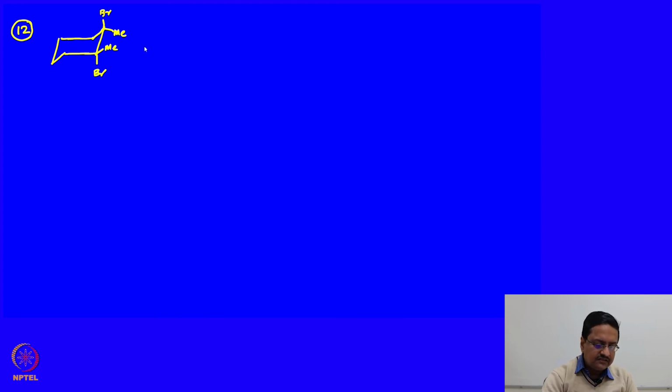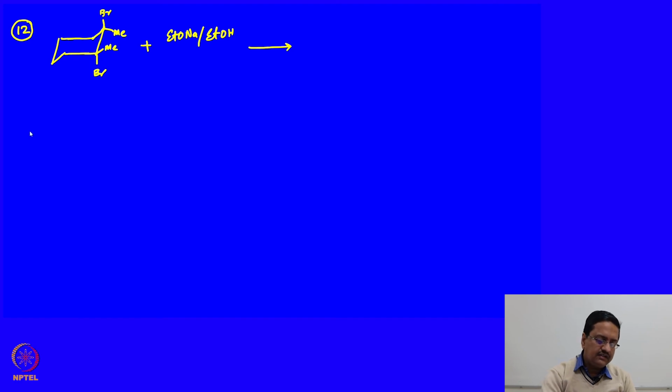If we treat this dihalodimethyl cyclohexane with sodium ethoxide in ethanol medium, what do you think should the products be?